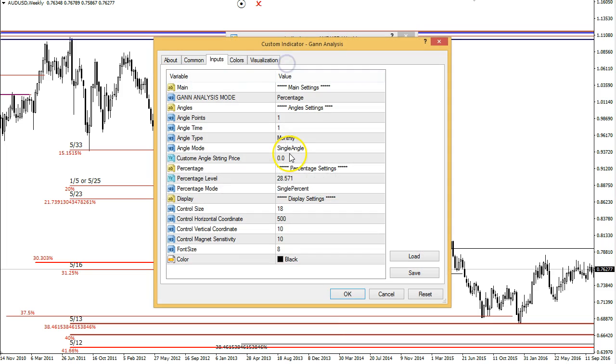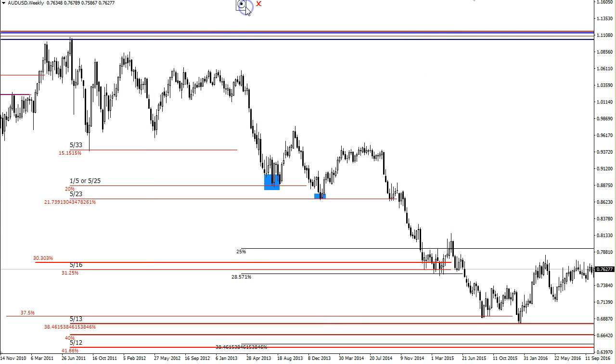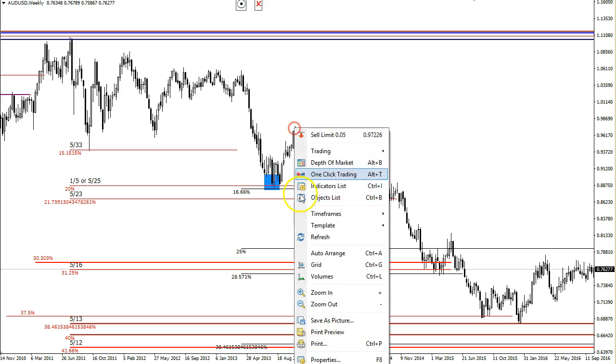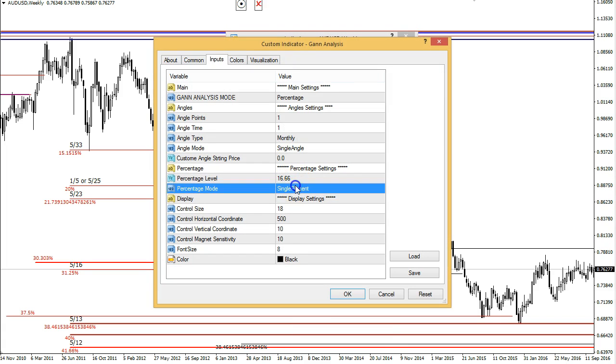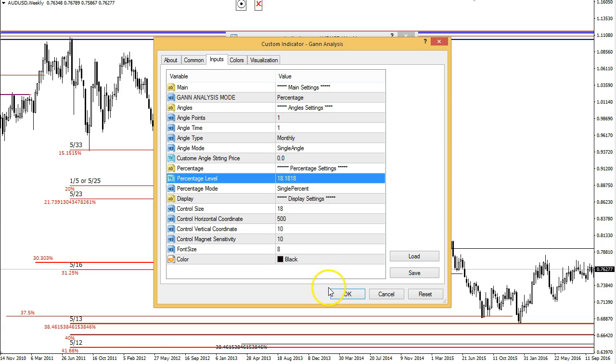We can also take 16.66 as long as we are studying the chart, and 16.66 did stop the market here. The level that I remember is 18.1818.